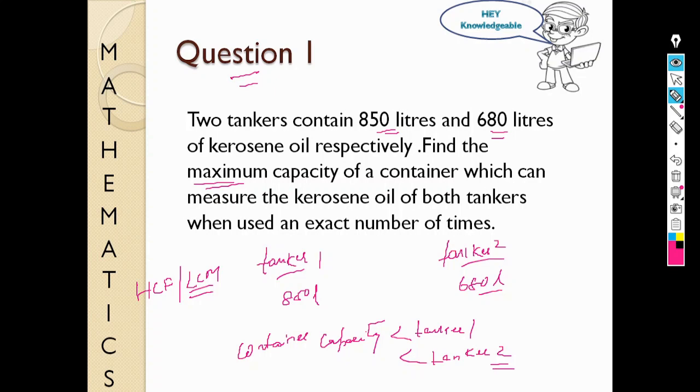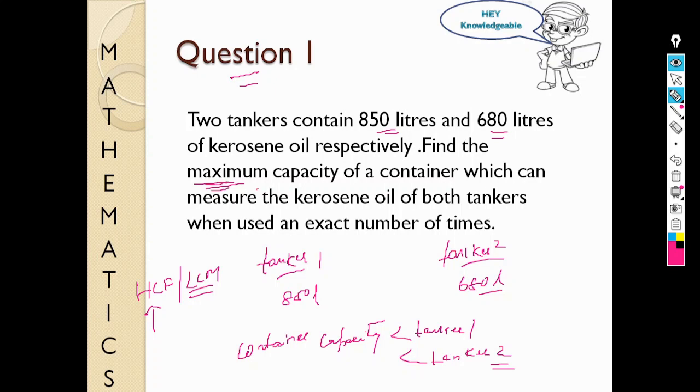So in which case, HCF or LCM, is the result less than the given two numbers? That is the case of HCF. That is one indication of this question being an HCF question.